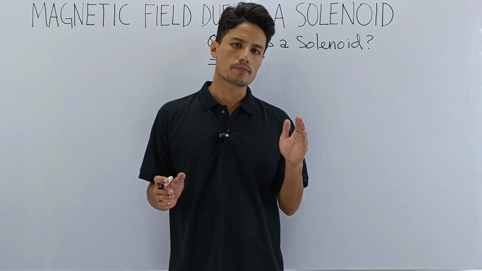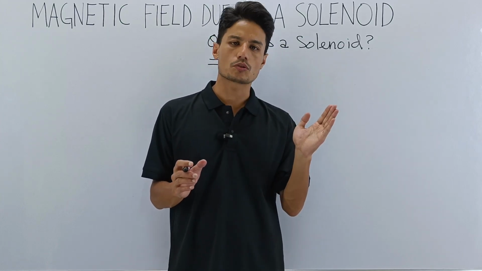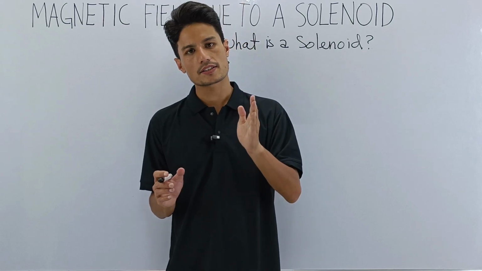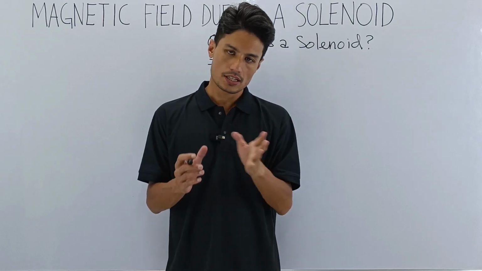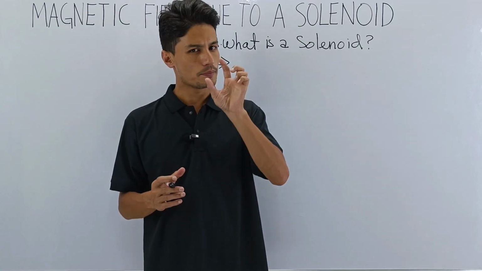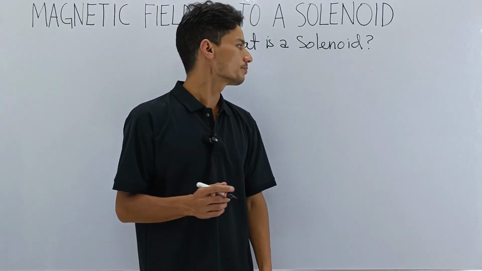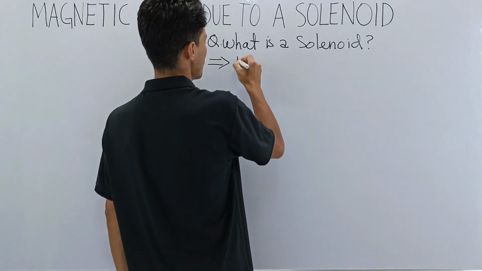Let me be very clear here, my dear students, that just a wire having large number of turns is not called a solenoid. A wire having large number of turns plus current is made to pass through, that is called a solenoid. So in the definition of solenoid, don't forget to mention in which current is made to pass through. Okay, remember that. So let's write the definition.